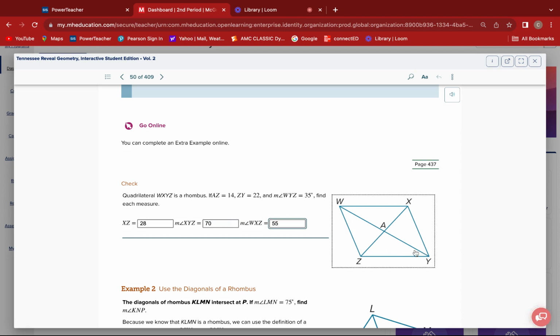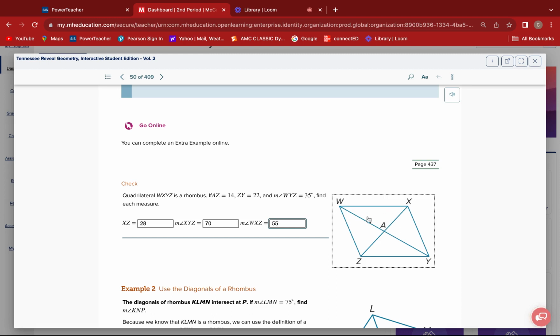Okay, let's talk about this for a second. If this angle that they gave us in the directions, WYZ, is 35, this angle right here is 35. Its alternate interior angle up there is 35. Now, because this is a rhombus, this angle A right here is 90. 35, 90, and what number would make 180 for the sum of the angles of a triangle?